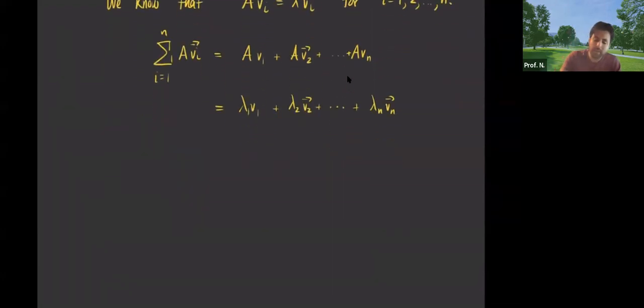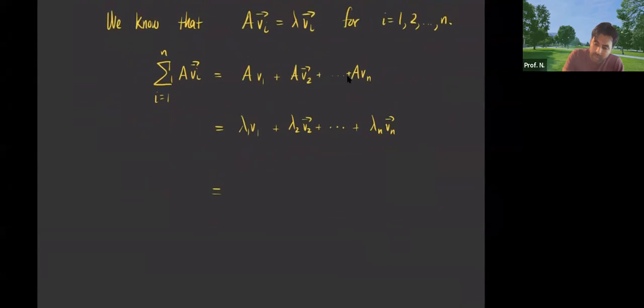Now, how can I express this? This would be the summation of lambda i vi as i goes from 1 through n. Let me copy this here.